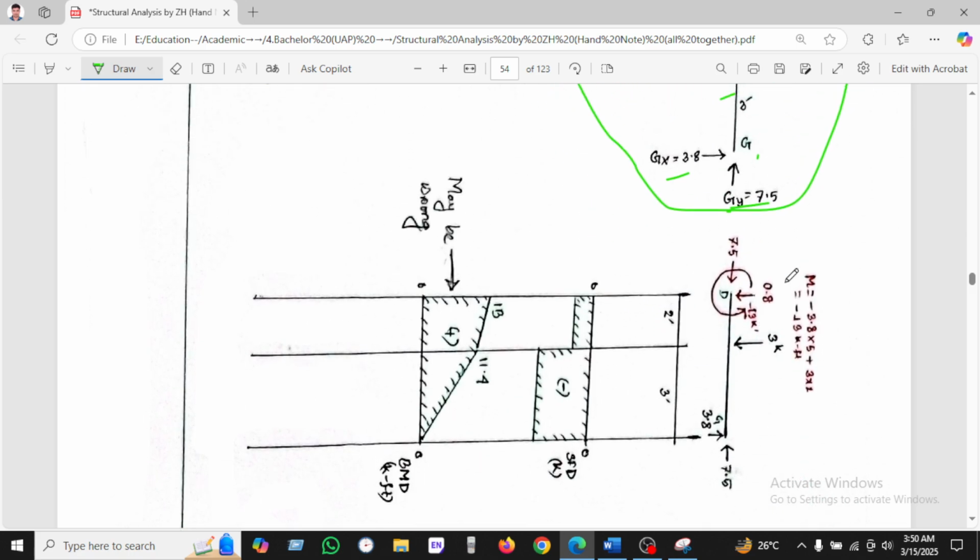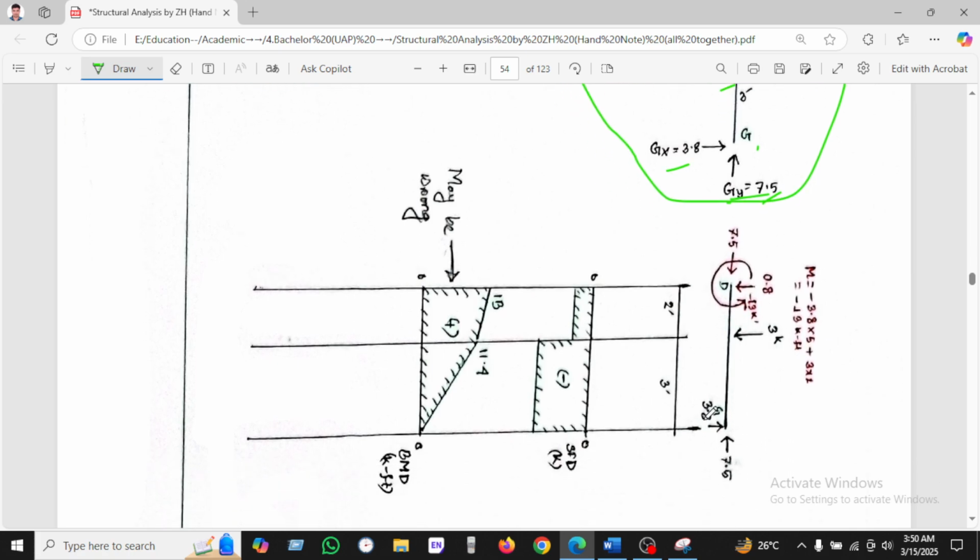The GD is acting here: 7.5 is here, and 3.8 is here, and 3 is downward. So 0.8 will also be downward for balance purposes. Now taking the moment here, which is 3.8 into the distance, 3 into 5, 8.5, and 3.1 into 2, and 13 feet.